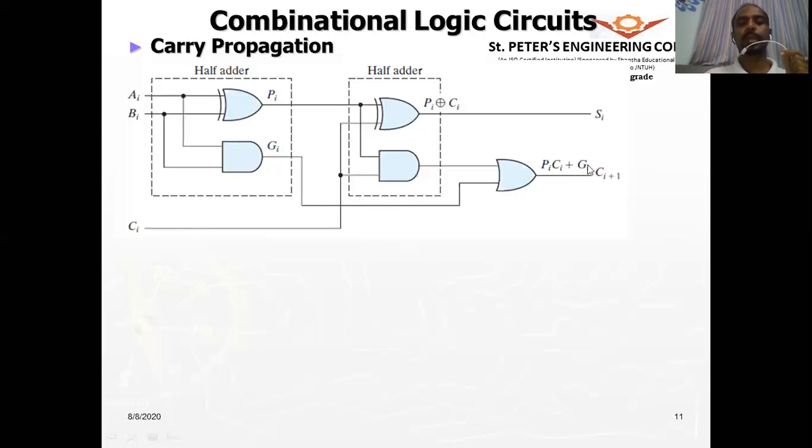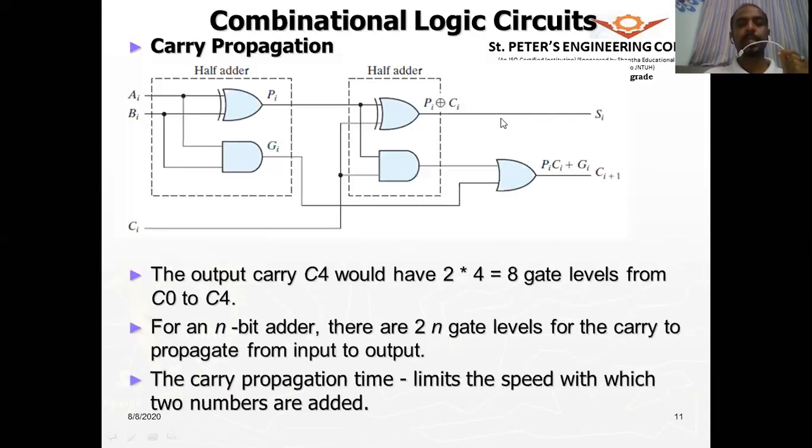Suppose there was a carry here, and that is the input given here, it has to get added to this. So it has to wait for this output, and then the carry has to be added in the next stage, and only then do I get the output, right? So therefore, we see that for the carry at the C4 position, it takes 2 into 4 because there are 4 stages and each stage has 2 half adder stages.